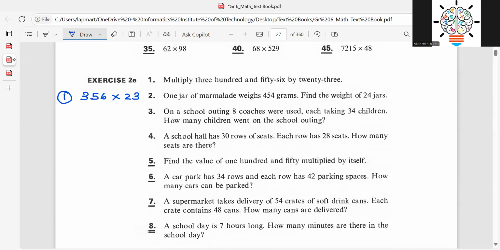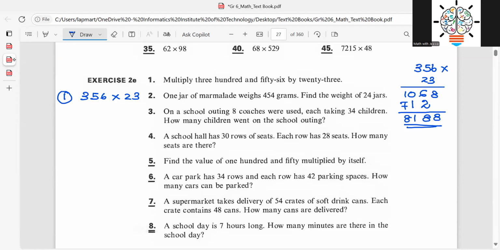Multiply 356 by 23. "By" in the sense that you want to multiply. So then you can do the workings here. 356, you multiply by 23, like this. So then we'll see whether we get the correct answer.